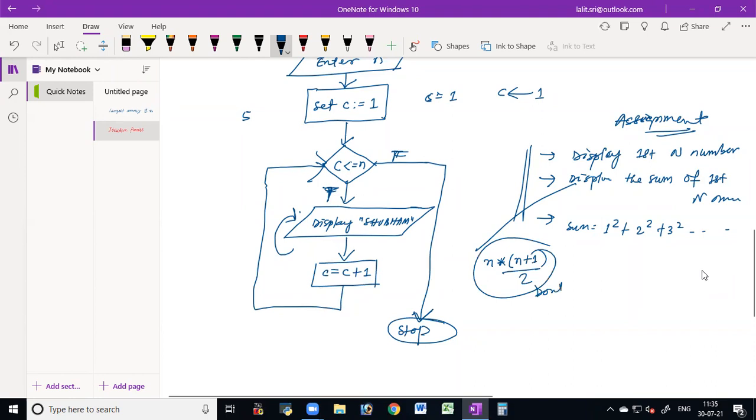Don't use this. You have to do this using the iterative process. Without iteration, you can write this directly by putting the formula n into n plus 1 by 2. But don't write this formula for this algorithm. You have to write the iterative process. This one is correct, but this is the direct formula.